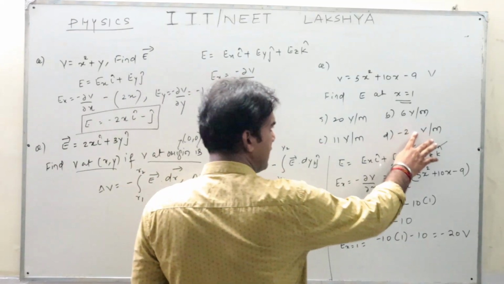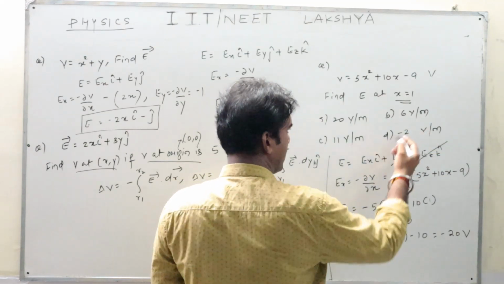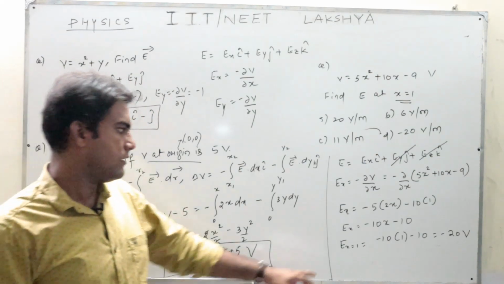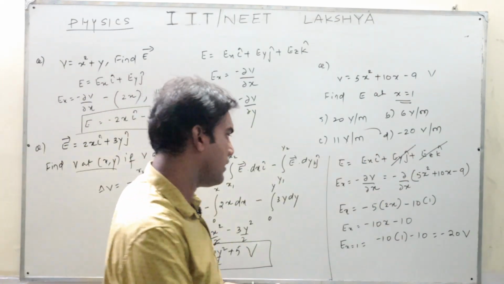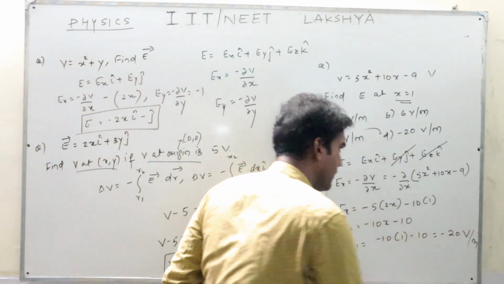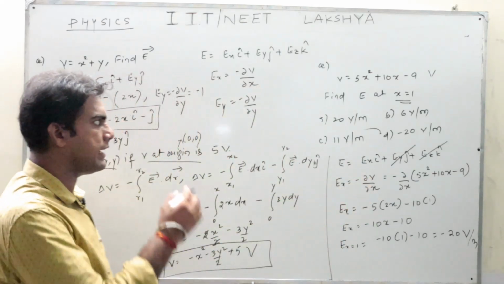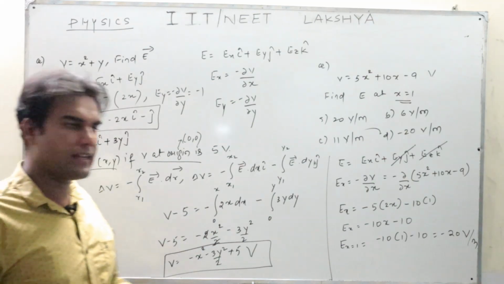This option is there, na? This is your minus 20 volts per meter. So I will go with option D, minus 20 volts per meter. Why? Because volts per meter is another unit of electric field.